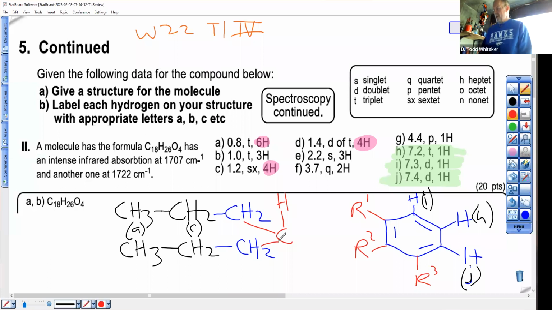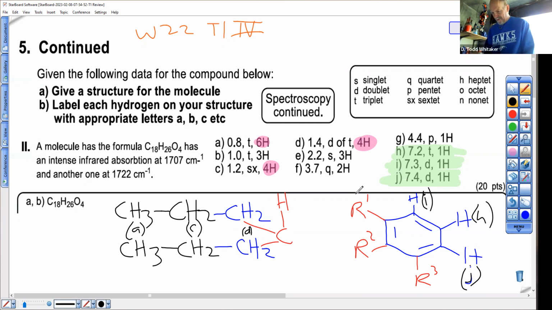Okay. And that makes this D. These four guys are D. And it works because there's a triplet on the left and a doublet on the right. Doublet, triplet.